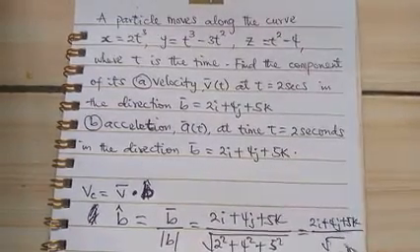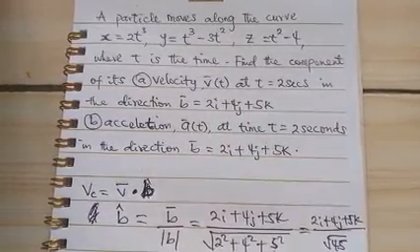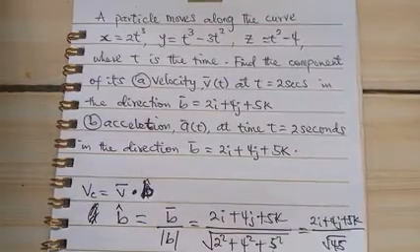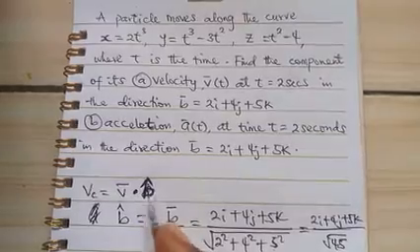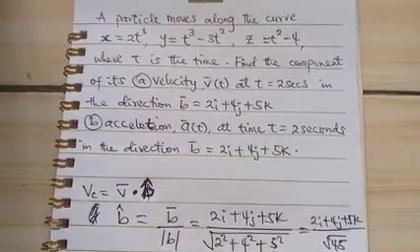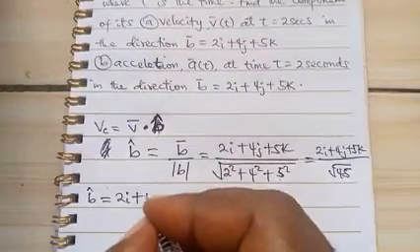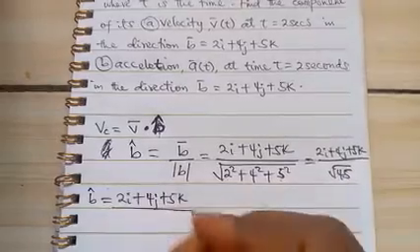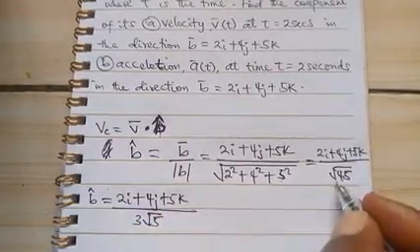That's square root of 45, and square root of 45 is 3 root 5. So the unit vector of b is 2i plus 4j plus 5k over 3 root 5.